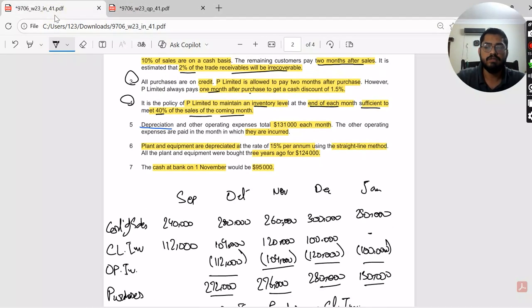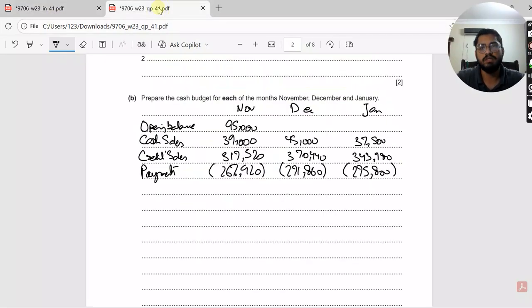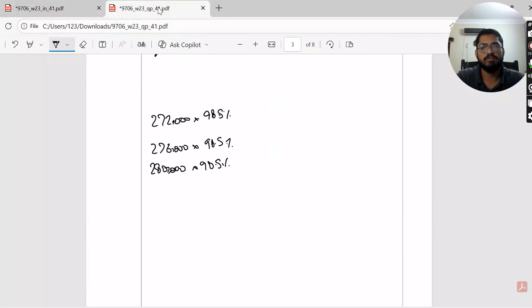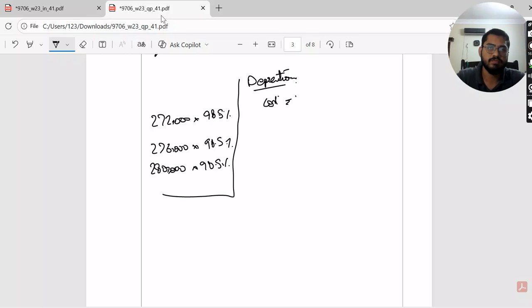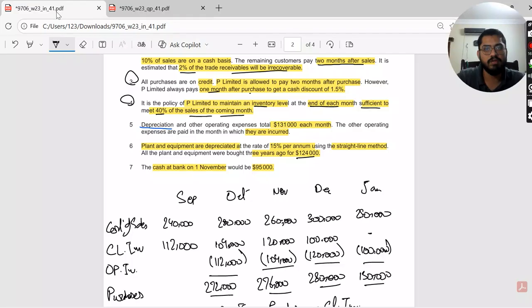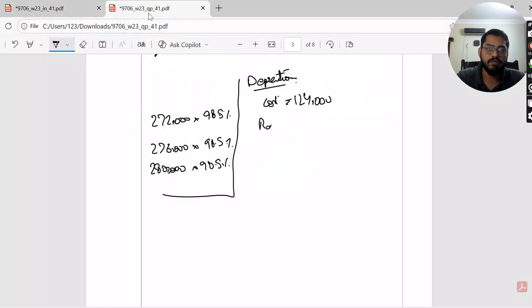Then further we have some operating expenses as well, and the total of depreciation and other operating expenses is 131,000. So we'll be making a working for this as well. So let's calculate the amount of depreciation. The cost is $124,000, and the rate of depreciation is 15% per annum.